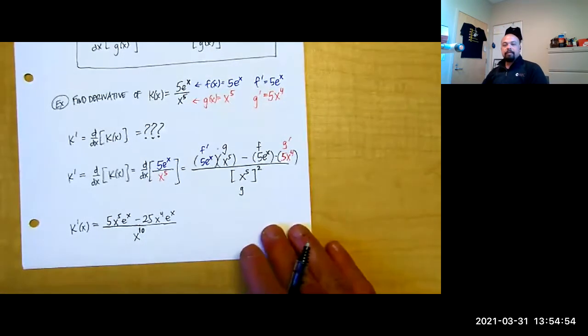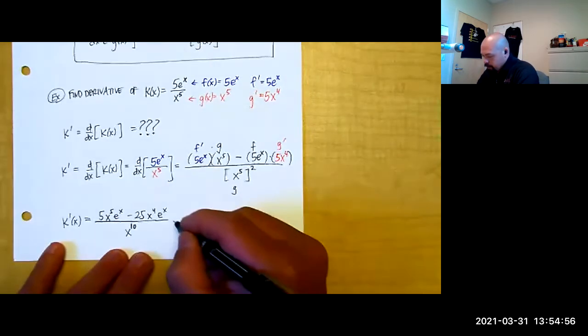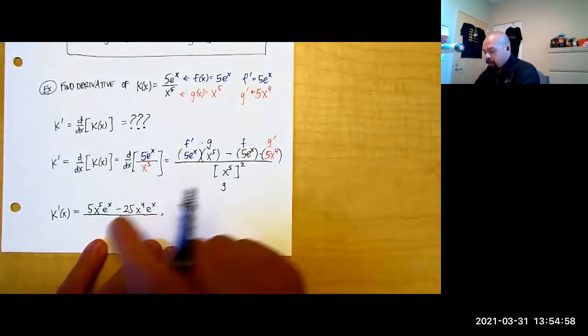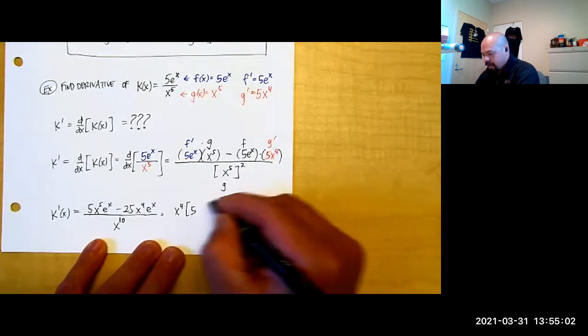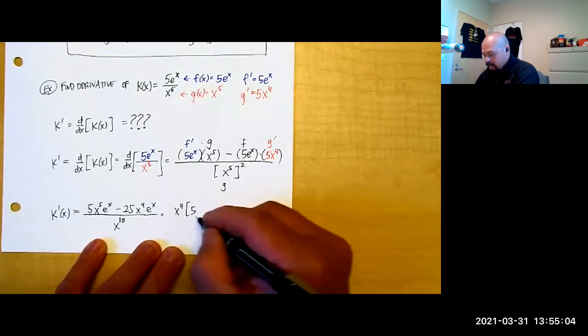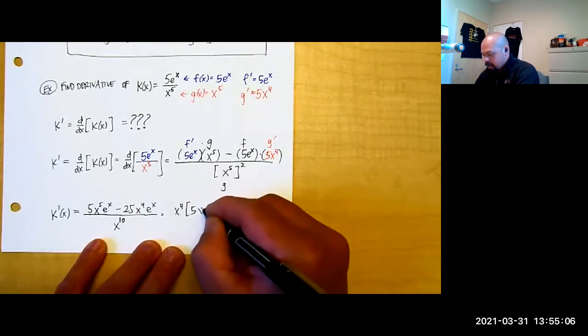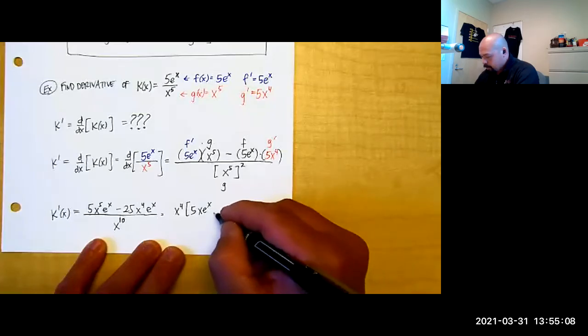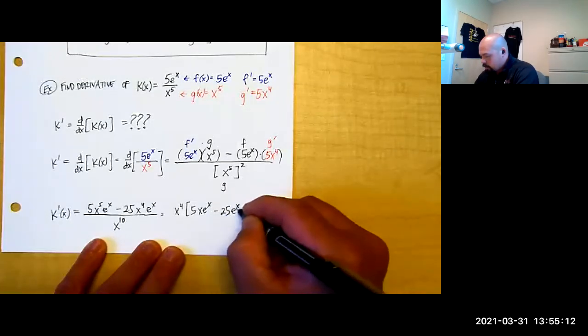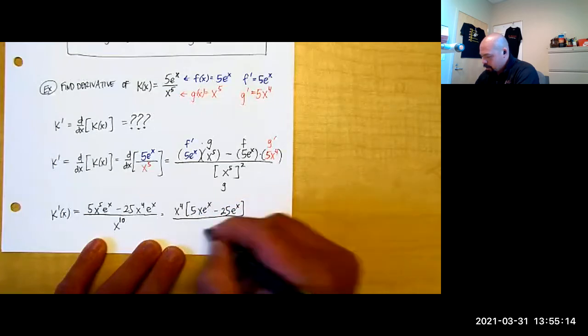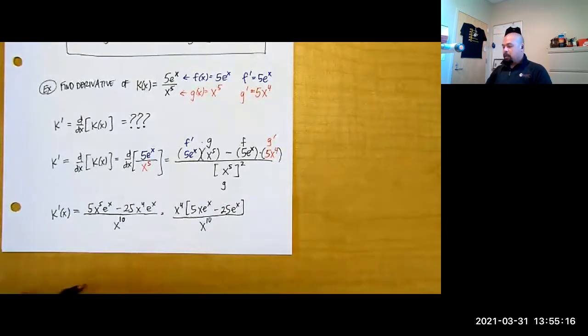And now in this one, I will probably do a little bit of simplifying. The fact that we can factor out that x to the fourth, right? We can factor out a 5 as well, and an e to the x, but that's not necessarily going to get us too far ahead. It's not necessarily going to cancel with what's going on in that denominator, which is my real focus.